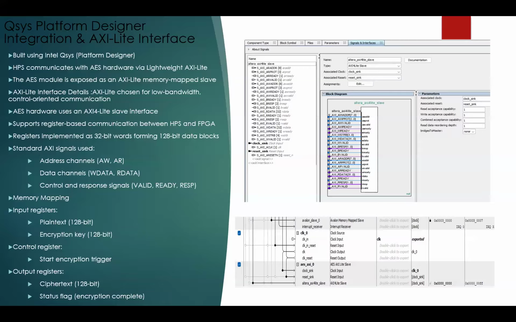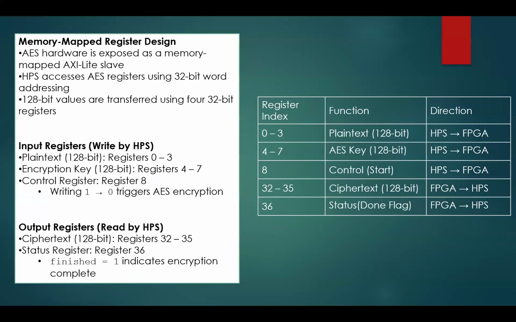Control registers are used for the encryption start trigger, and the output registers are the 128-bit ciphertext and status flag. Here we can see clock 0 and AES AXI being created. The clock input given here is clock 0, and then the reset input.